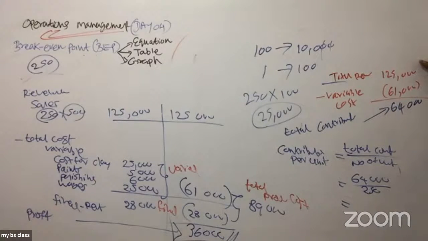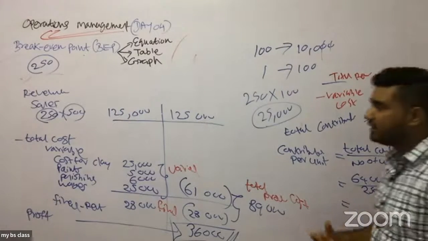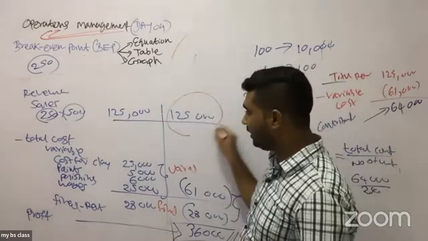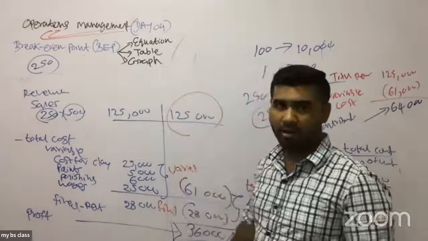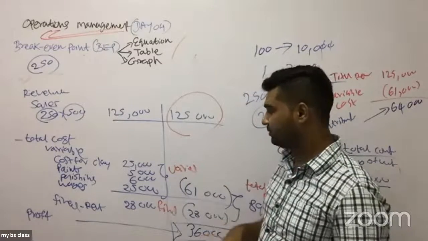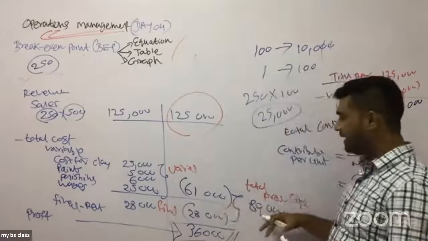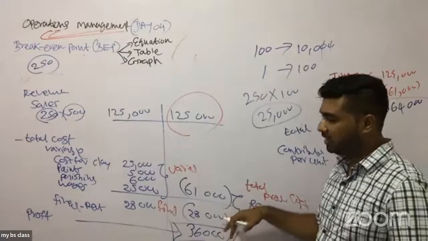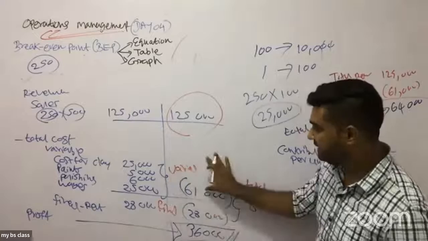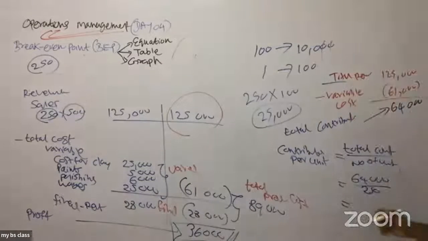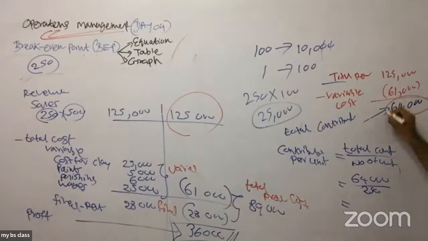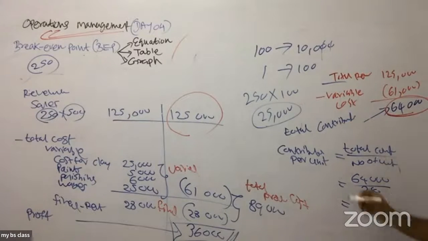Now guys, the contribution is all about from the total revenue that you deduct variable cost only. As per our example you got the total revenue here and here's your variable cost 61,000, because your total cost 89 belongs to fixed cost by 28, so the rest is your variable. So from the total revenue we deduct variable costs, that's what we know as the total contribution.